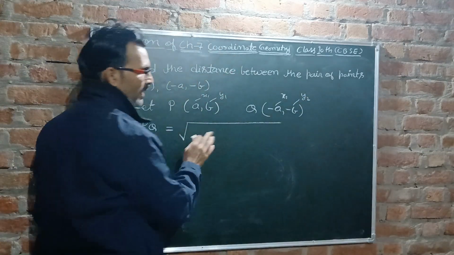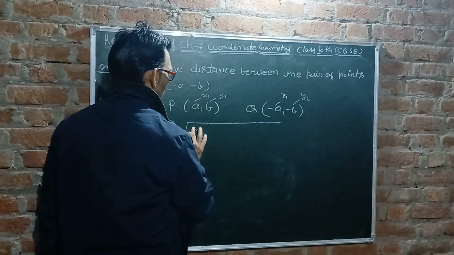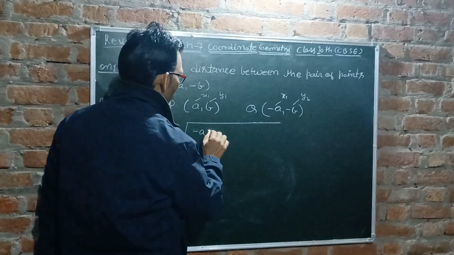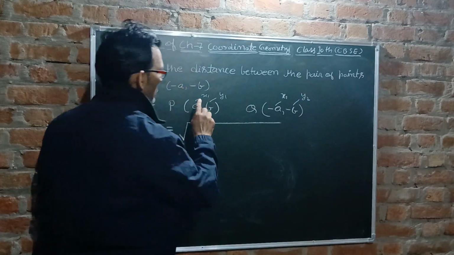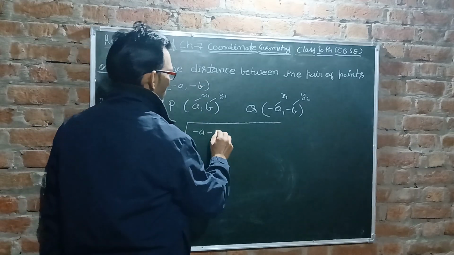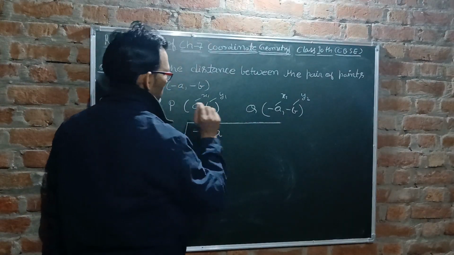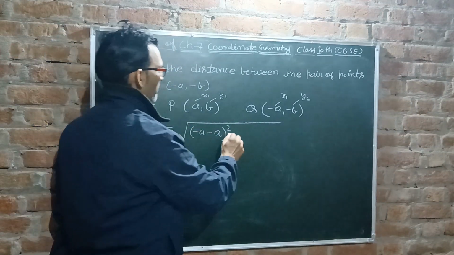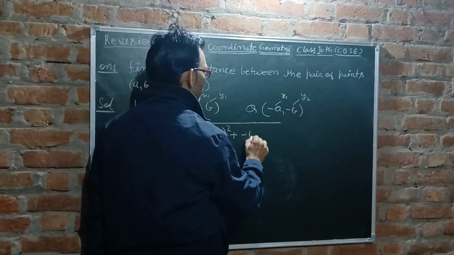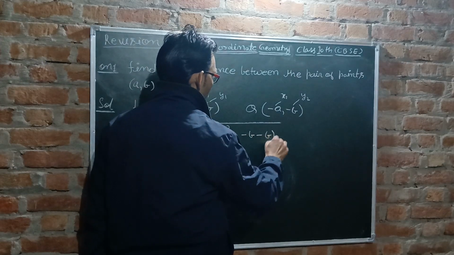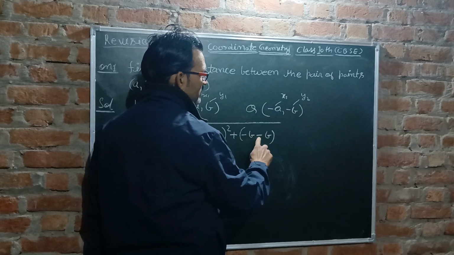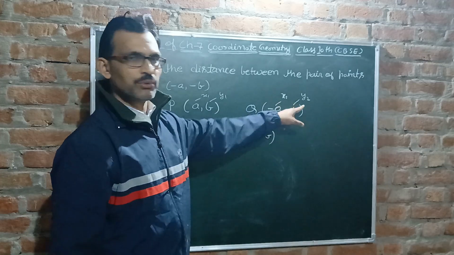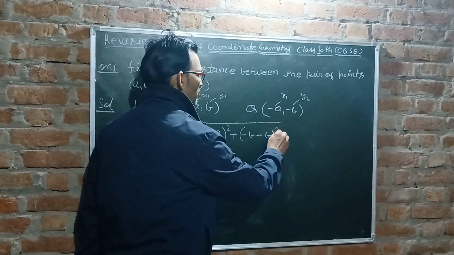So what was the formula? x2 minus x1, x2 means minus a, and minus x1, that is minus a, whole square, plus y2 minus y1. What is y2? Minus b, and minus b again. So our y1 is b and y2 is minus b, and put square here.